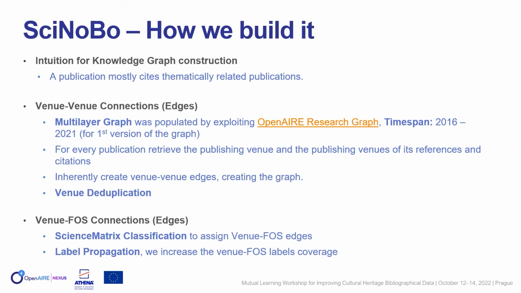Through abbreviations and the ISSN. From Crossref, the venue name comes with abbreviations. So we create a mapping from the full name to abbreviations, and we keep this list for inference time.